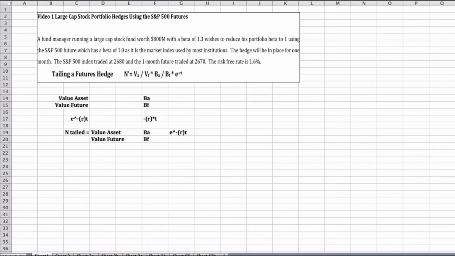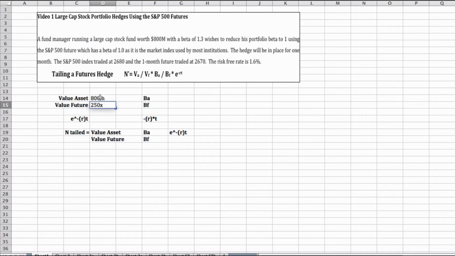So looking at this problem, if we were to solve it, value of the asset, well, 800 million, right? And the value of the future, well, the futures contract is 250 times the index price.